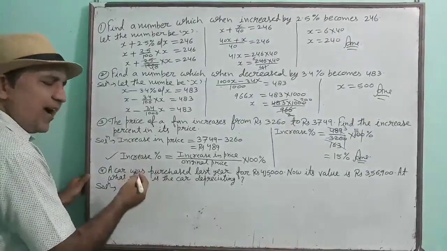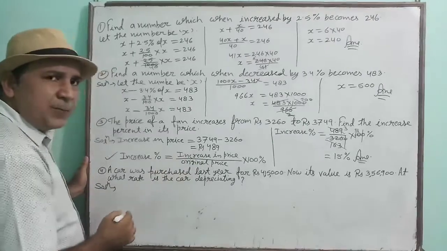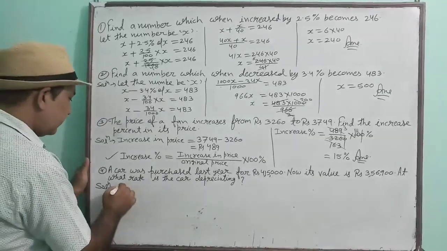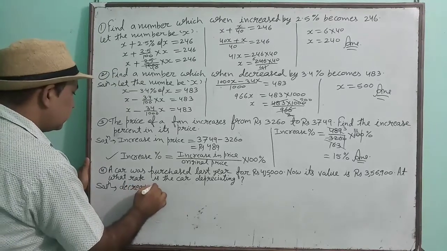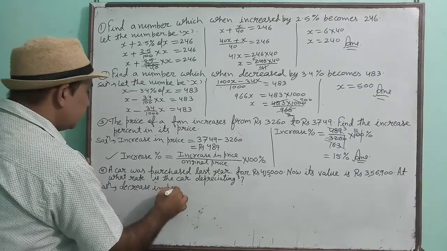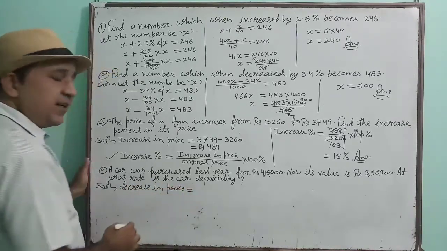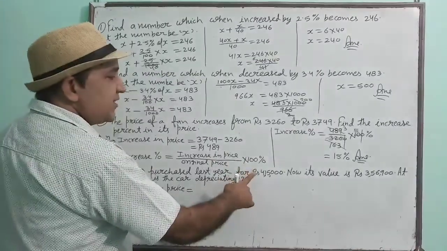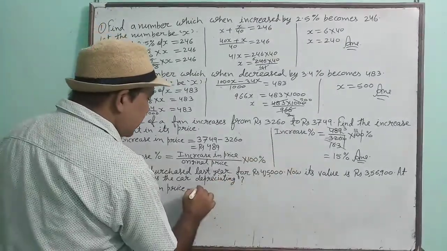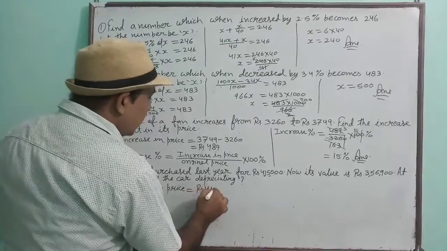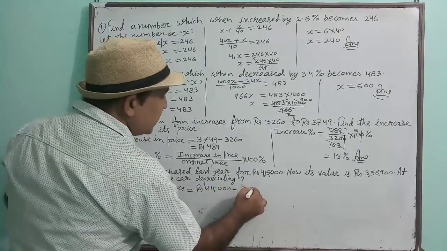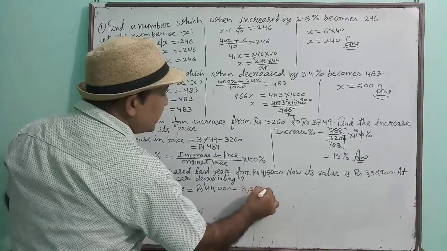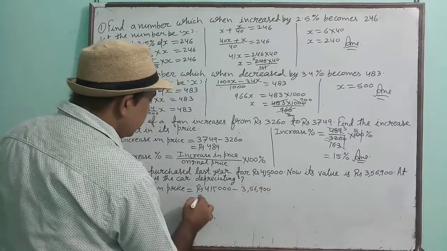So first find out the decrease in price. Decrease in price will be original price minus new price. 4,15,000 minus 3,56,900.